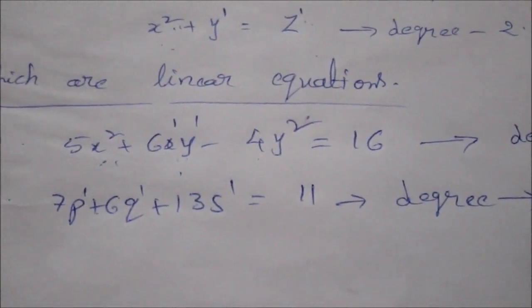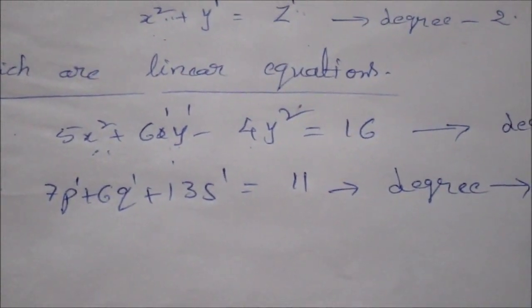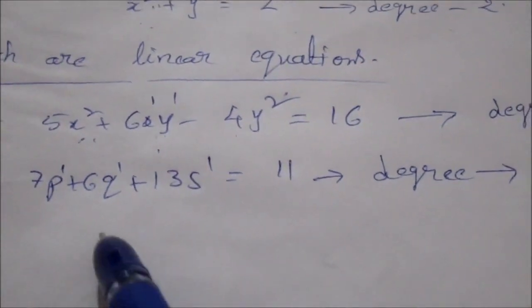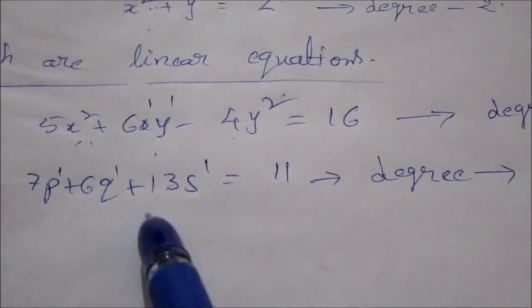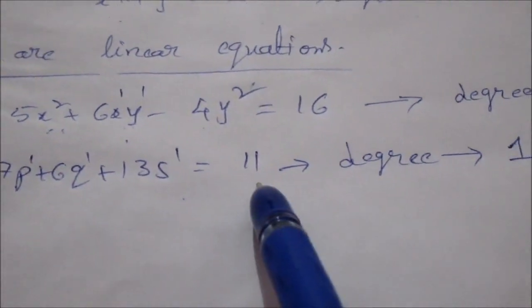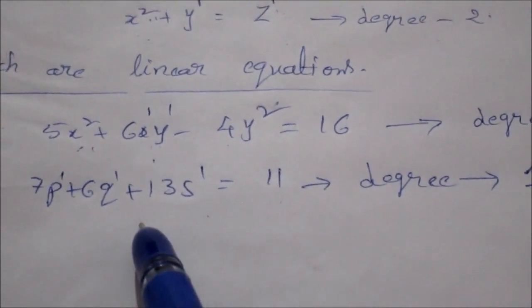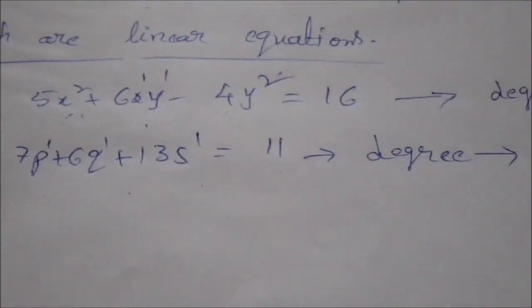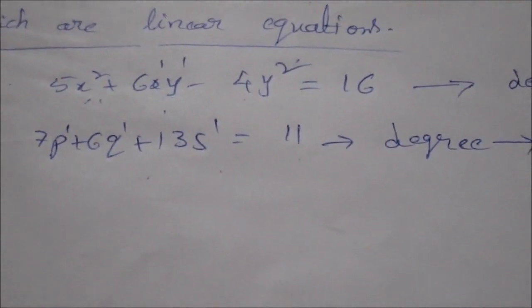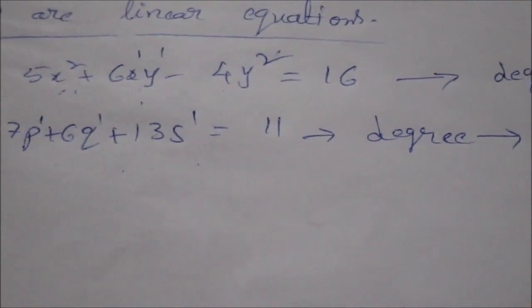Every variable has 1 only, so the degree is 1. Since 7p plus 6q plus 13s has degree 1, this equation is called a linear equation. Here we call this linear equation a simple equation. So simple equation and linear equation are both the same.